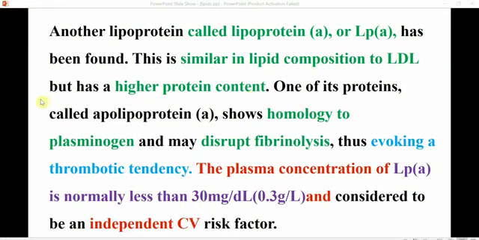One of its proteins is called apolipoprotein A, which shows homology to plasminogen and may disturb fibrinolysis, thus evoking a thrombotic tendency. The plasma concentration of lipoprotein A is normally less than 30 mg per deciliter, and it is considered an independent cardiovascular risk factor.